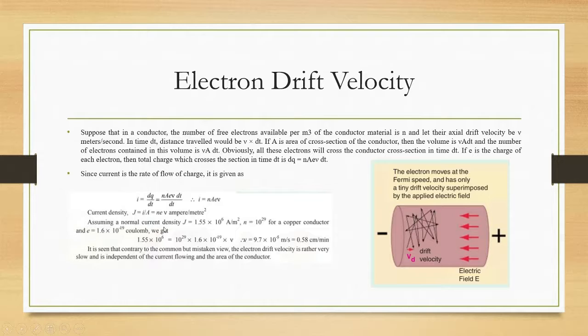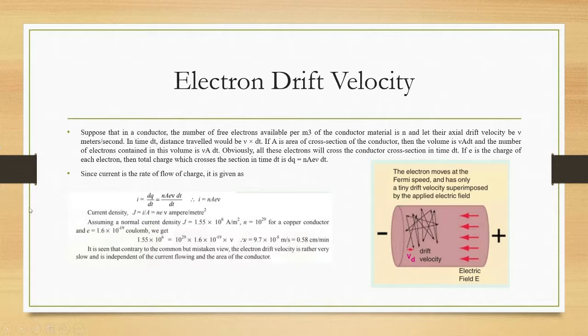Assuming the current density J is equal to 1.55 into 10 raised to 6 ampere per meter square, where n is equal to 10 raised to 29 for a copper conductor, and e is equal to 1.6 into 10 raised to minus 19 coulomb. So finally we get 1.55 into 10 raised to 6 is equal to 10 raised to 29 into 1.6 into 10 raised to minus 19 into v.